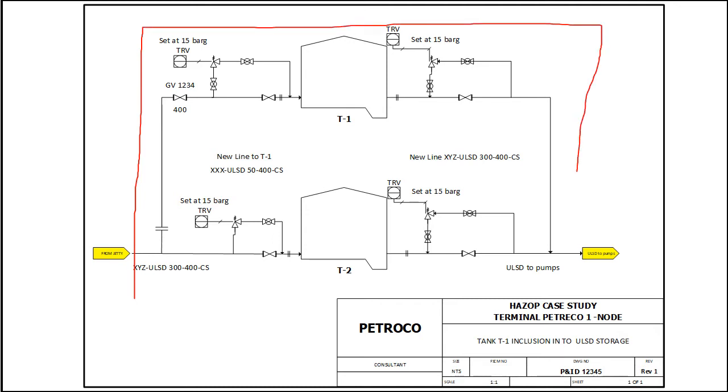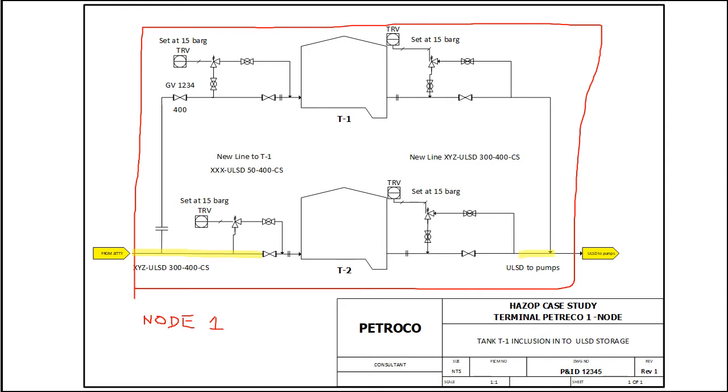And here you can see we are showing the ULSD coming in to tank 2 and then going to the pumps. Tank T1 and T2 are not shown fully because they were the subject of a previous HAZOP and therefore are complete as such.